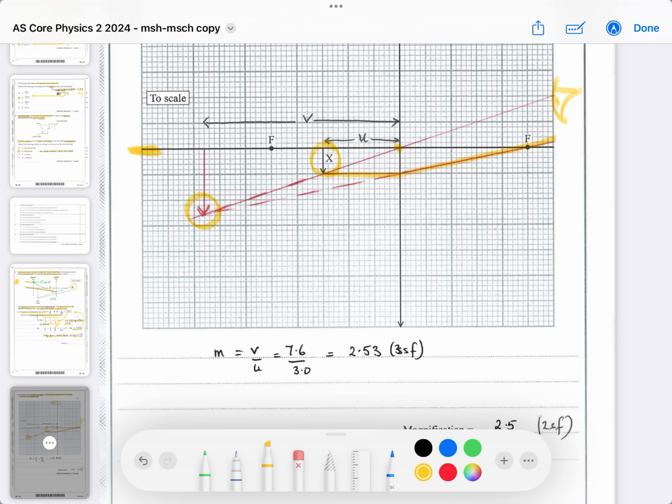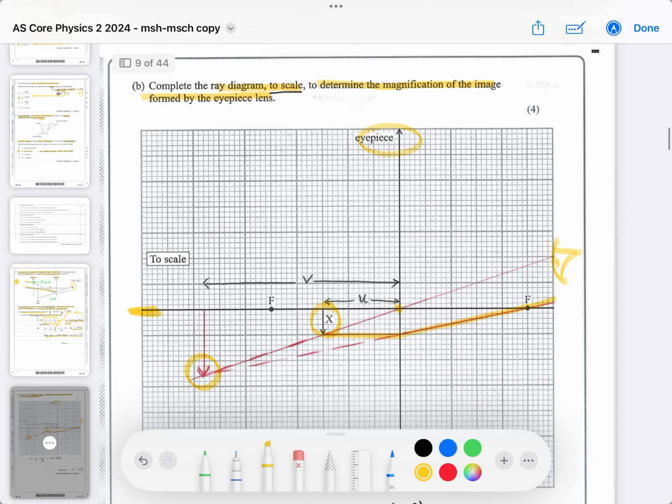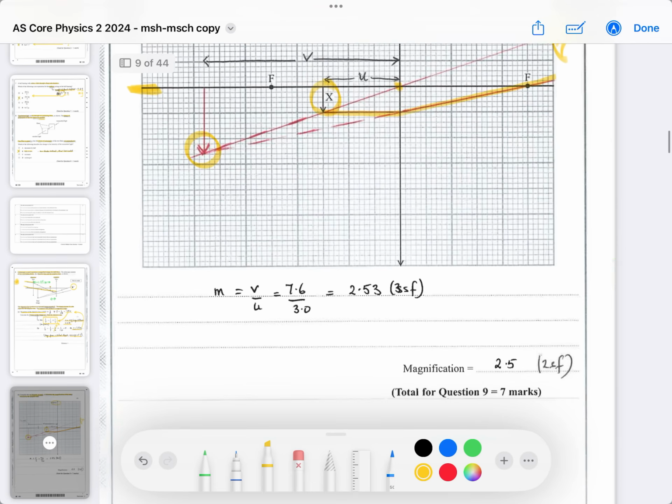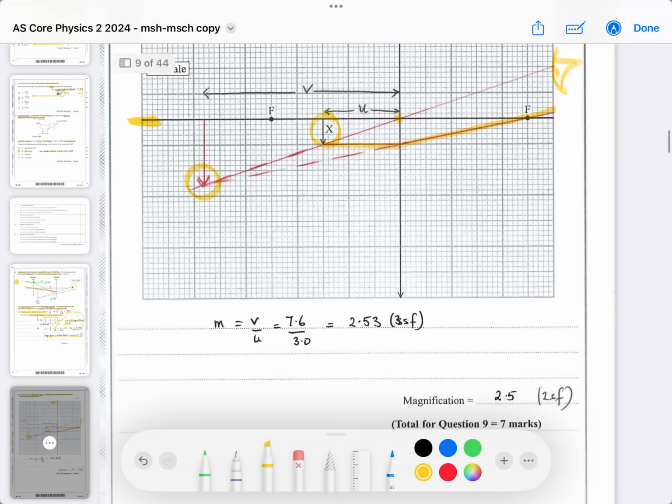To work out the magnification, which is what they want us to do, they want you to work out V over U. You can measure V in terms of your squares, if you've drawn it with the rays going the way I said, so imagine that he's looking as if the rays are coming through here. They converge there, so you can work out with a ruler how many squares that is.